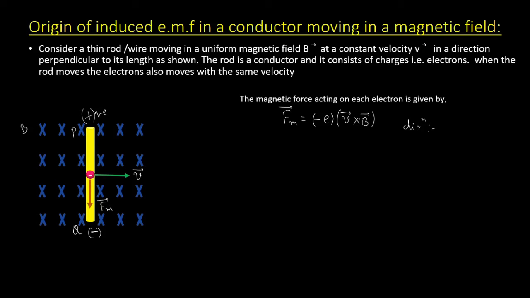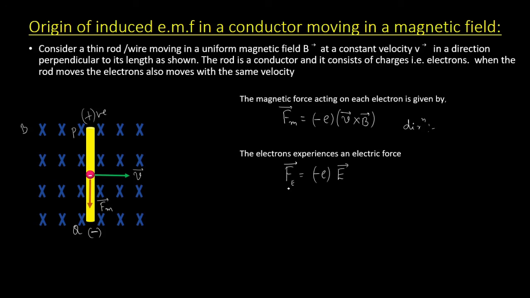There is an electric field which is generated or set up inside the rod. If there is an electric field, it will lead to an electric force. So if the charge is present in the electric field, it will experience an electric force. So what will be the electric force? We know the electric force is given by Fe, which is equal to q into E. In this case, charge is nothing but minus e for the electron into the electric field.